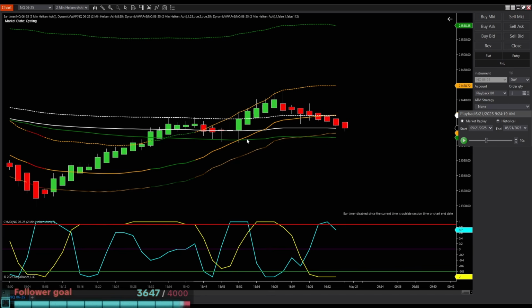All right, so let's take a quick peek at what happened before the market even opened, on this execution chart that we have set up with CYMO set to 7. The last half hour of the trading session, from 1544 all the way to 1615. What was happening with the market, guys?